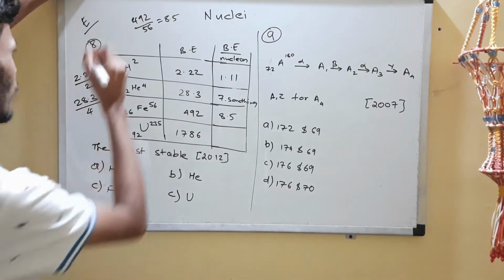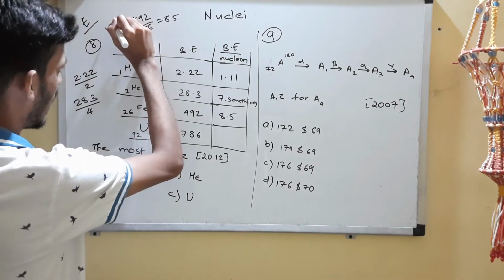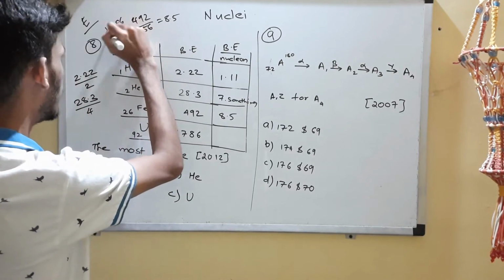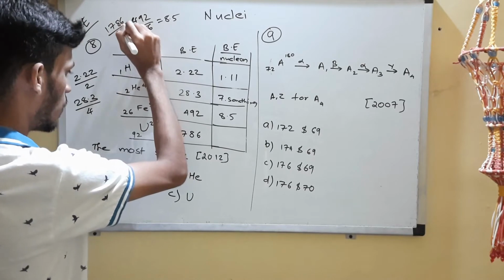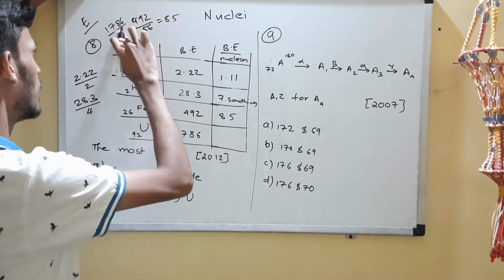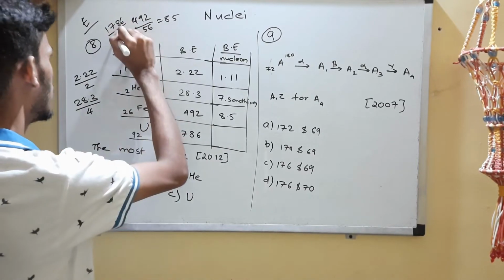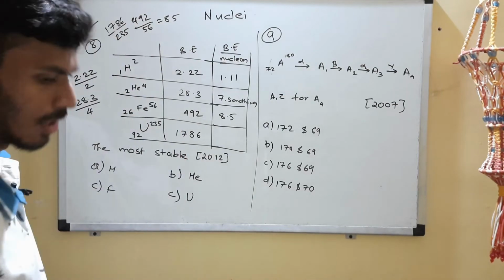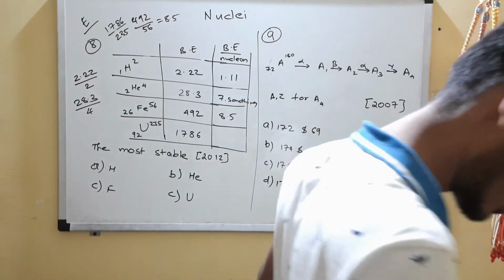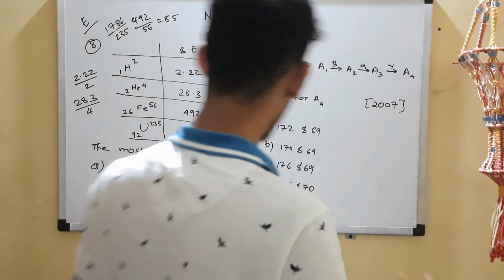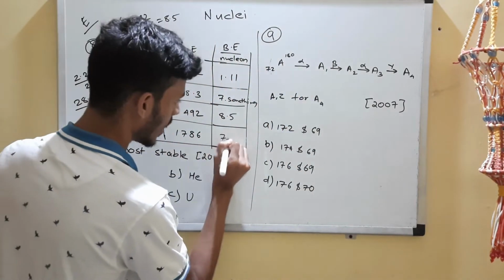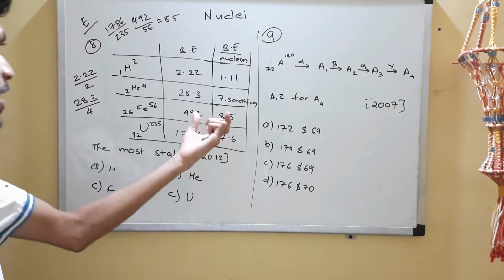And finally we have for uranium 1786 divided by 92, not 92, it is 235, right? Number of nucleons, it is 235. Now if you calculate that, let me check that, it will be around 7.6. So you can see that clearly our winner is iron.